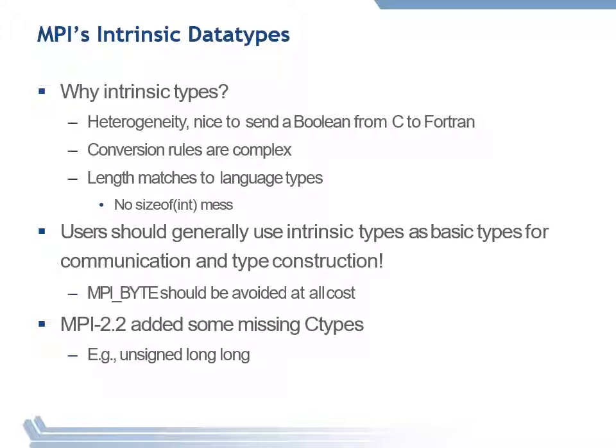Also, the conversion rules are complex, and length matches the language types, so that you don't have to always declare the size. Users should generally use intrinsic data types as basic data types for communication and type construction. Therefore, MPI_BYTE should be avoided at all cost. MPI 2.2 has added some missing C types, for example, unsigned long long.